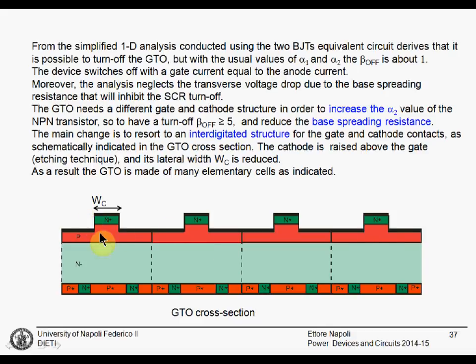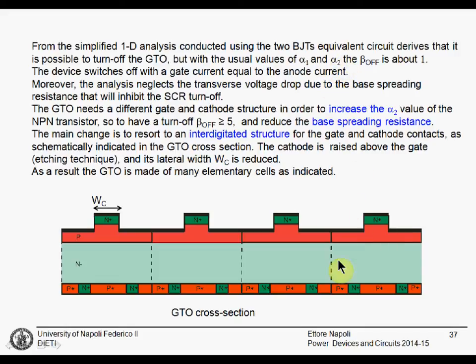The GTO is then realized more or less like this. Here we also see these shorts, this short circuit to the anode contact. We have seen the cathode shorts before. The cathode shorts will reduce the alpha 2.